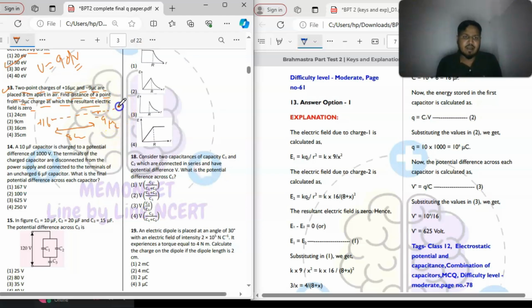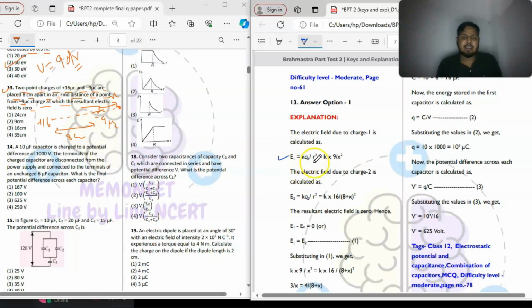We have to find the net electric field. Suppose this distance is x. Due to the minus 9 microcoulomb charge, the electric field is k q1 by r square, that is k into 9 by x square.